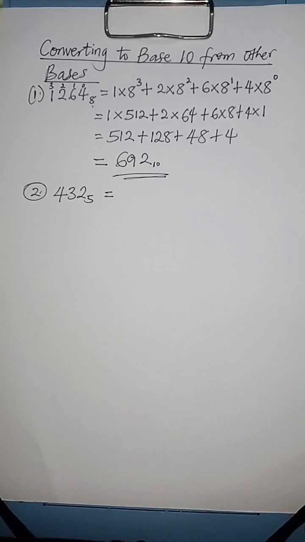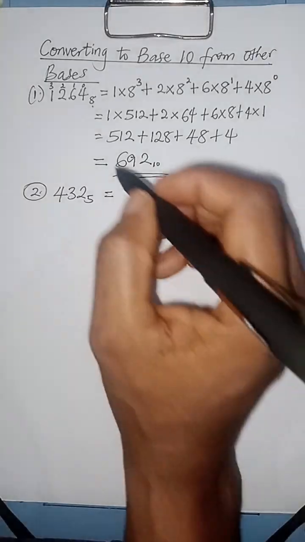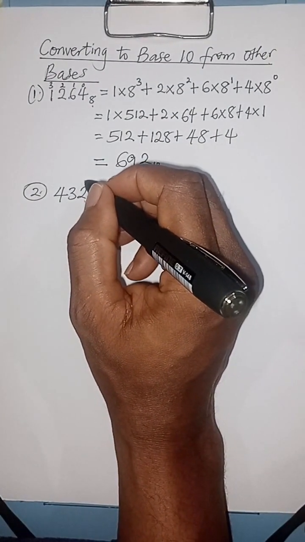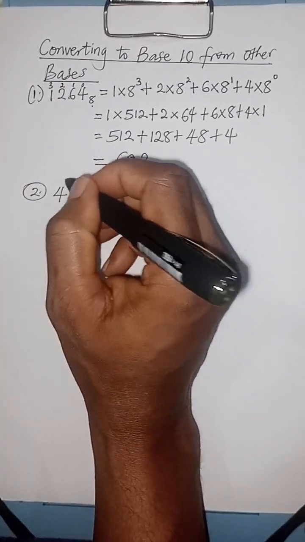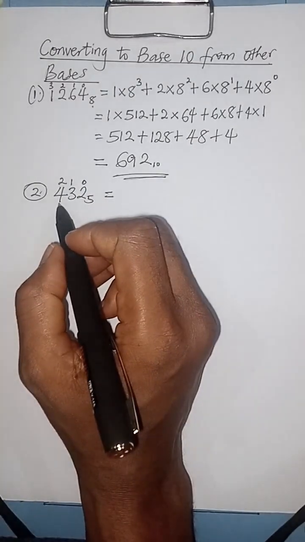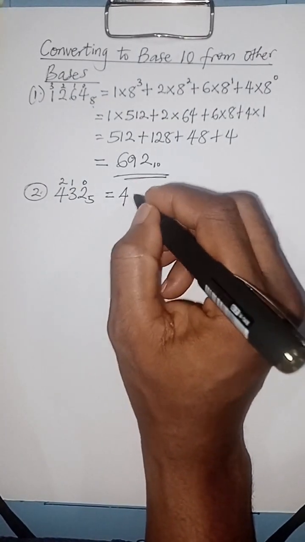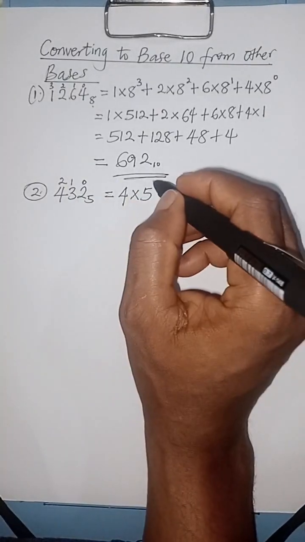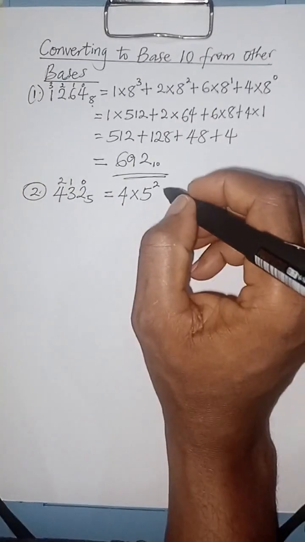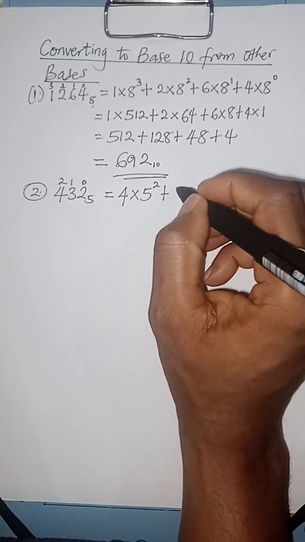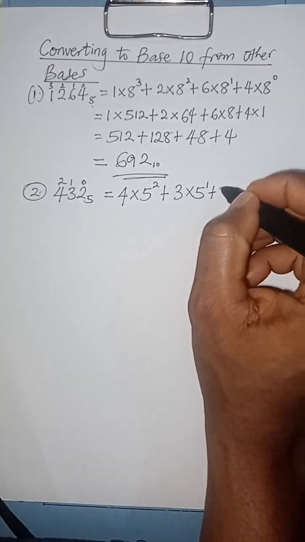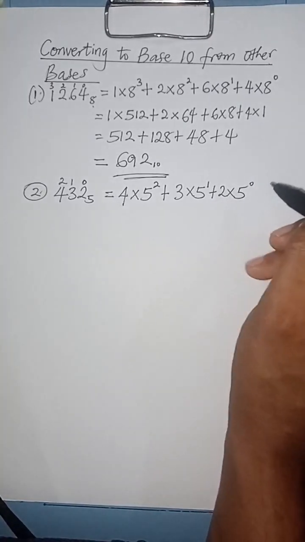The next question is 432 in base 5. I'm to convert to base 10. The same principle. So you number from your right to your left, starting with 0, 1, and 2. And then you pick the first digit there, 4, multiply by the base, raised to the power of the number you use, which is 2. The addition sign plus 3, multiply the base, raised to power 1, plus 2, multiply the base, raised to power 0.